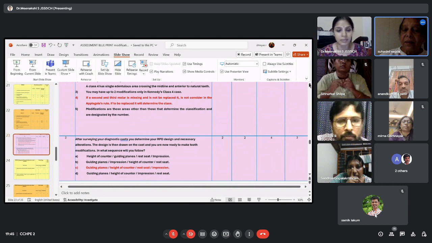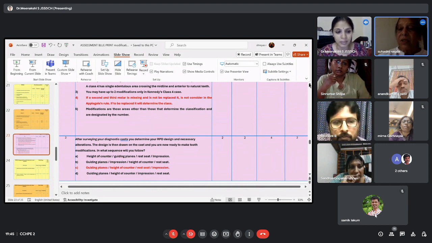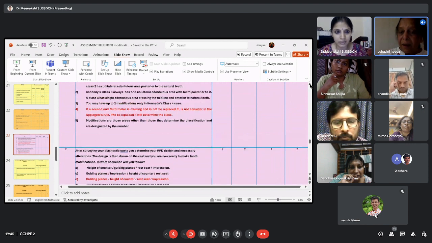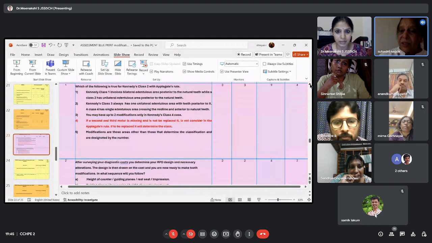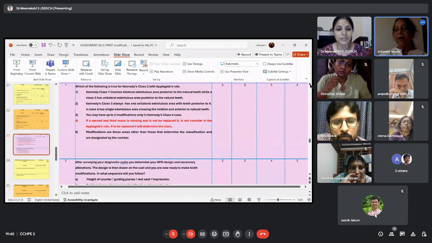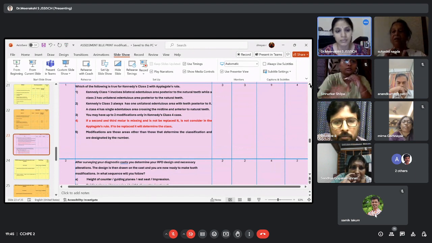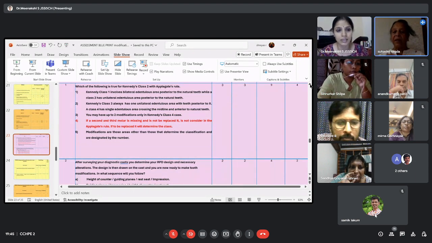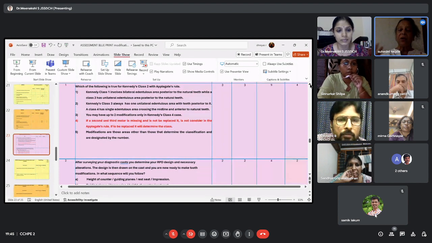Posterior teeth missing, and it's not considered for replacement. So you can reverse and ask it short. If and all, don't ask.